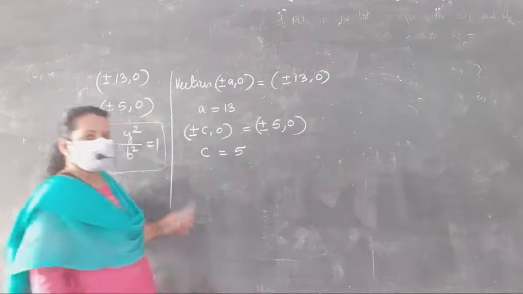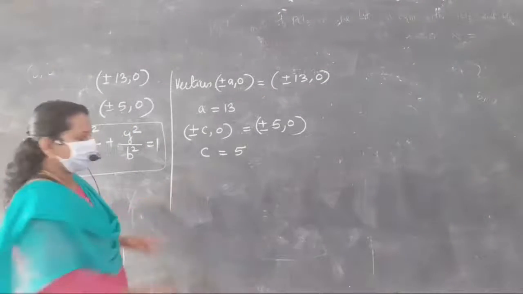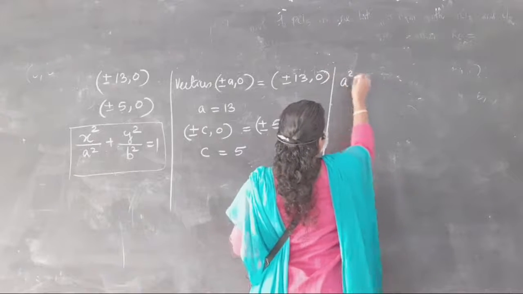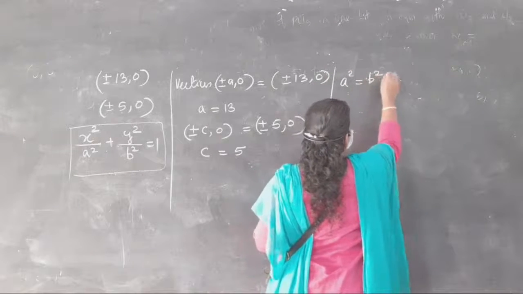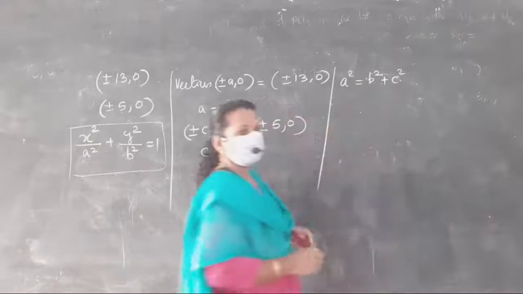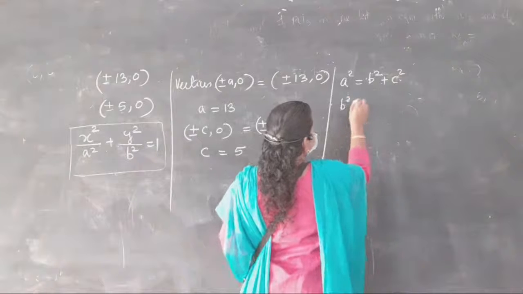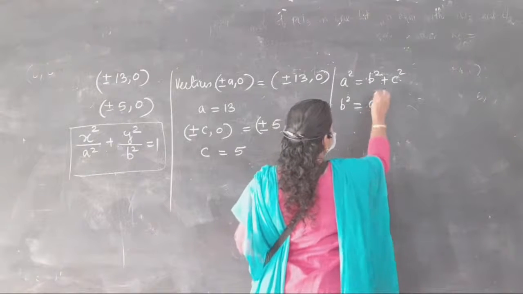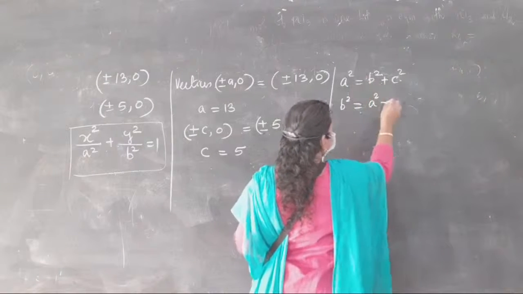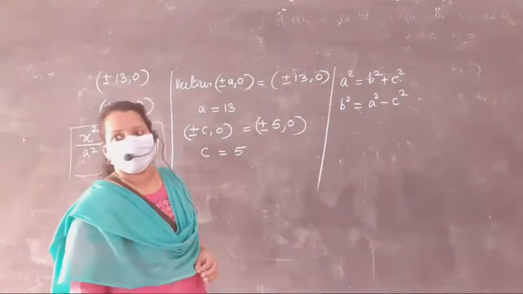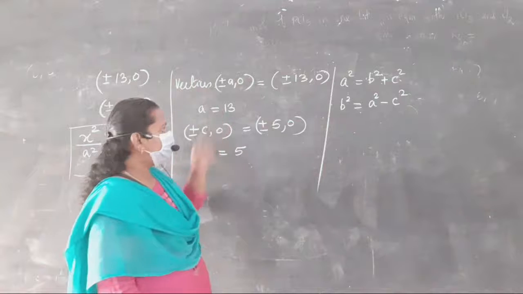So what's the relation between a, b and c? A square equal to b square plus c square. ഇതിലേതാ നമുക്ക് കണ്ടുപിടിക്കണ്ടേ? b square. b square equal to a square minus c square. a equal to 13.